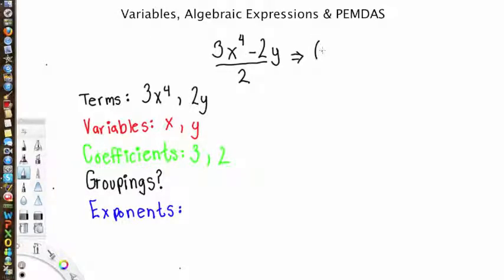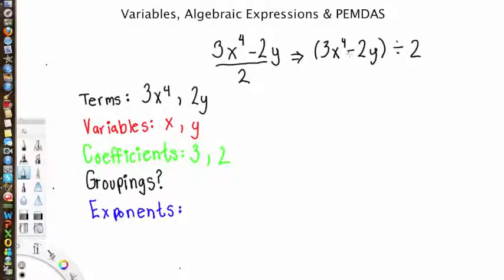It means the difference of 3x to the fourth power and 2y, divided by 2. We have to divide everything on top in this numerator here by 2.